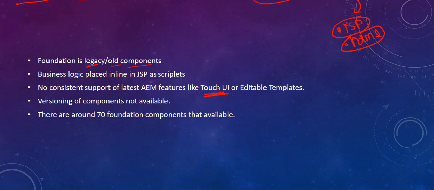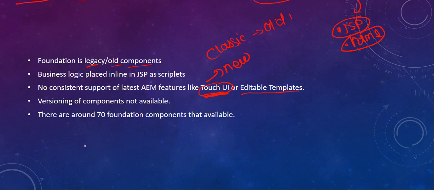We have two graphical user interfaces in AEM, touch and classic. Touch is the new one, and classic is the old interface. So your foundation component will not support the latest touch UI. And after that, we have the concept of the editable template that we have already discussed, and it does not support the editable template as well.